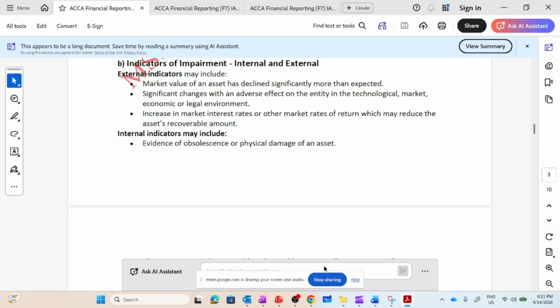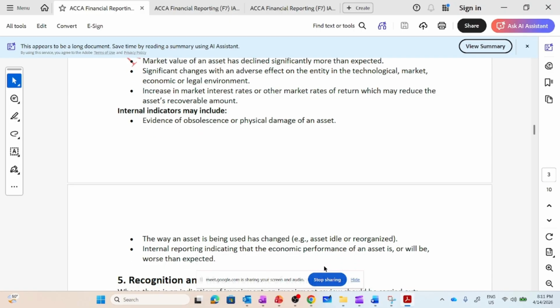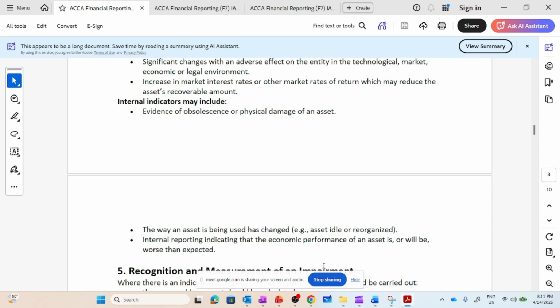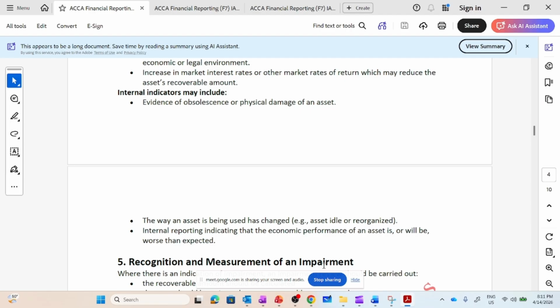So now we are talking about the internal indicators. For example, physical damage, I mentioned earlier about the motor vehicle. The way the asset is being used has changed. For example, the asset used to produce 15,000, but due to one or two reasons, the production capacity has reduced from 15,000 to 10,000. It's an internal indicator of impairment.